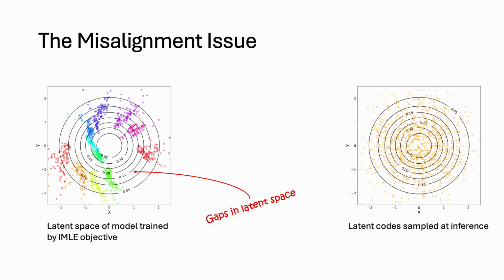And on the right, you can see the samples from the Gaussian prior, which we will encounter at inference. Clearly, there's a misalignment between the two. For example, there are gaps in the latent space at training, which means that when at testing you sample from these gaps, the model has never seen these samples and gives arbitrary outputs, which leads to bad samples.